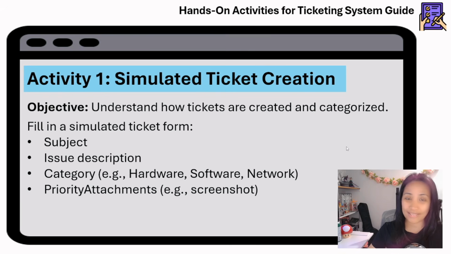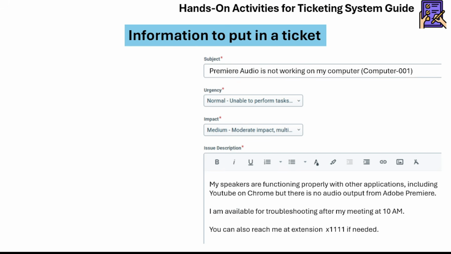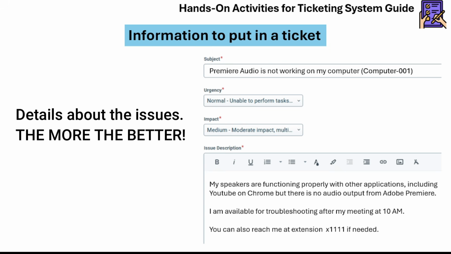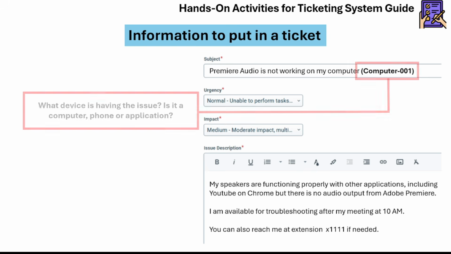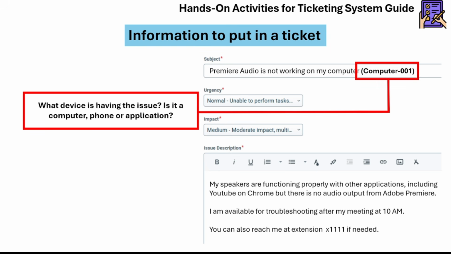In this lab, I'm going to have you open a new ticket on your ticketing system and make sure to fill in the ticket form with the subject, the description, the category, and the priority. Here is the necessary information to put in a ticket. There should be details about the issue, the more the better. What device is having the issue? Is it a computer, phone, or application?